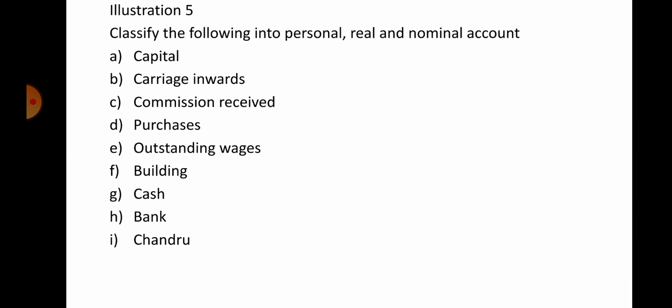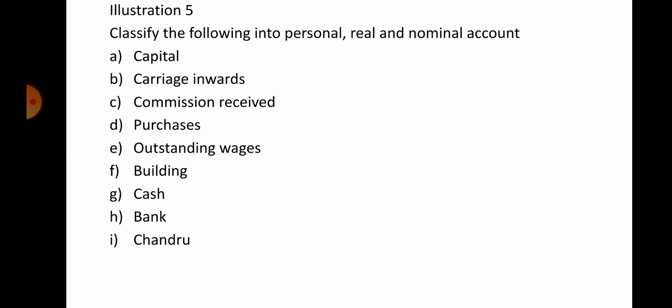Okay, first one is capital. Capital. All you know, capital is the investment which is brought by the owner of the company to run the business. For example, there are two partners, Ram and Sam.